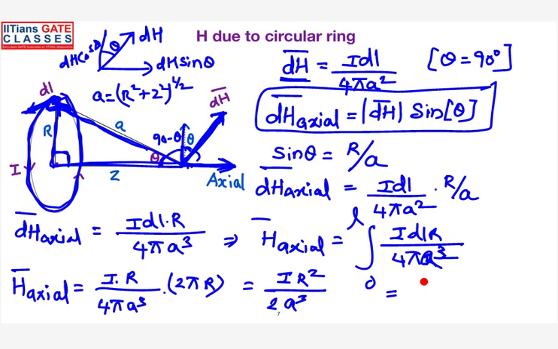So you are going to get finally I into r square divided by 2 into r square plus z square whole power 3 by 2. So this is the magnetic field intensity due to a circular ring along the axial direction. Z represents the distance of the observer point from the center of the coil, and R is the radius of your coil.